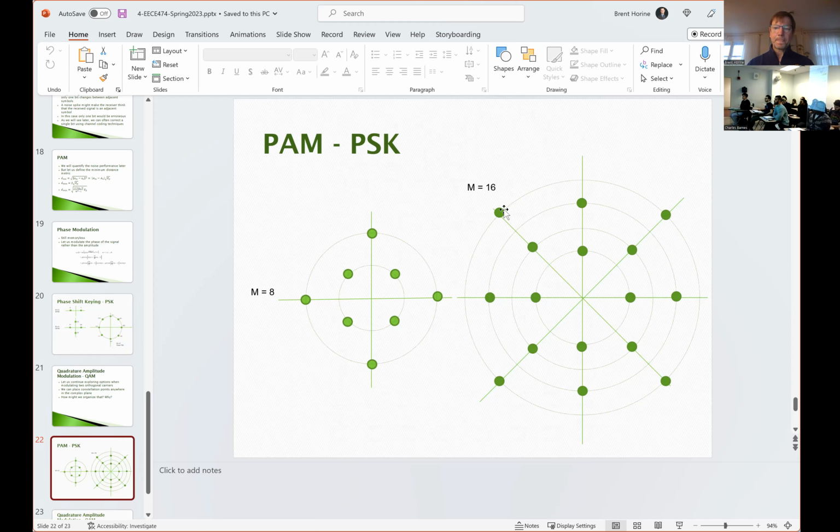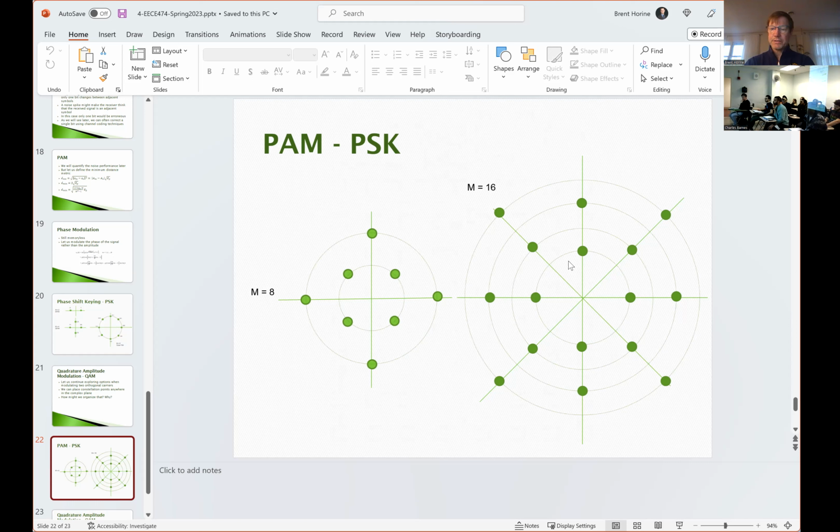But we can take those symbols that we're sending that are this function of time, and we can represent those with a basis function expansion, like you might do a Fourier series expansion in a similar way. Then we can just draw these constellations using that vector representation.